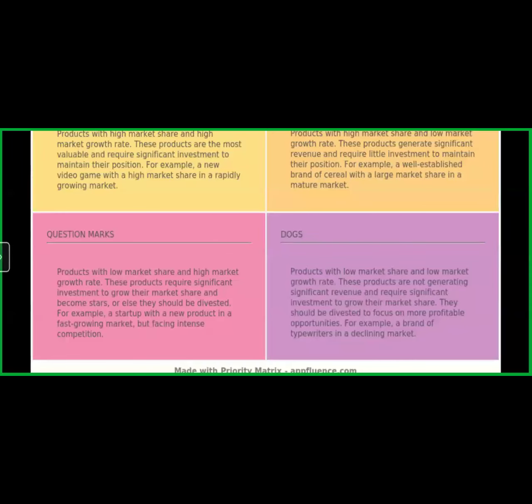Typewriters, I don't know how many of you are aware of, because it was used earlier. Now the use has become very less. Everywhere we see computers, there are many advantages of computers as compared to typewriters. Because of that, typewriters are not there in existence now.